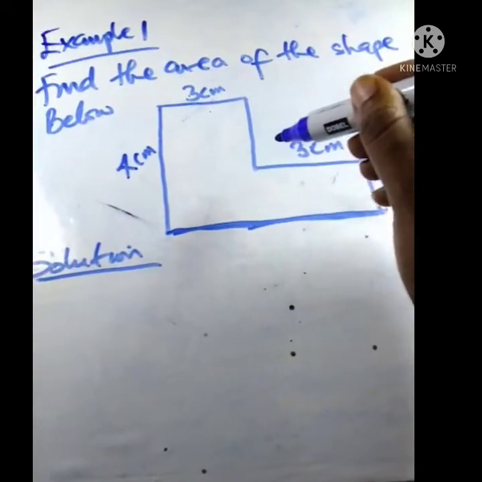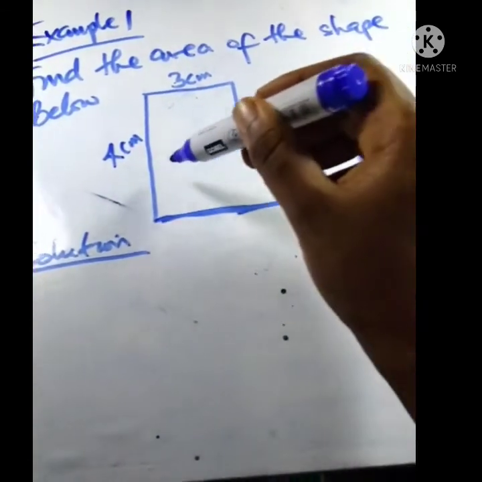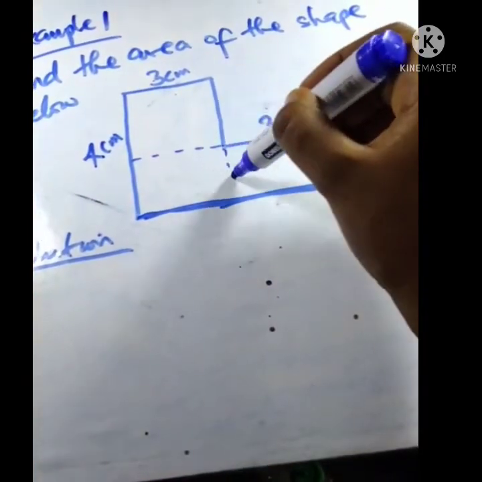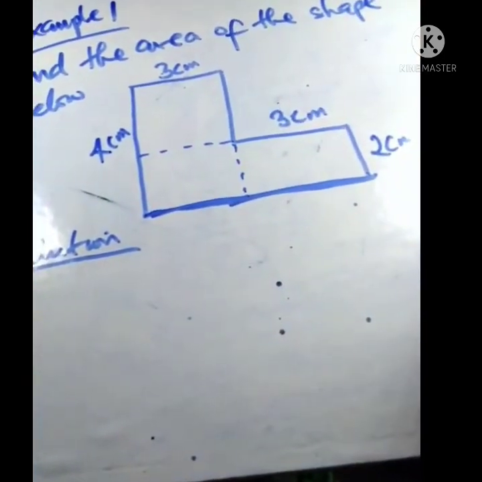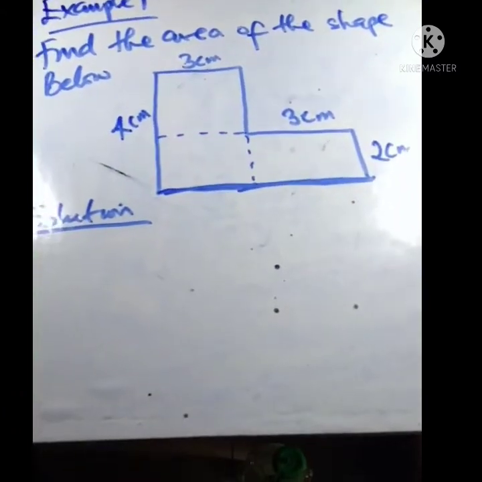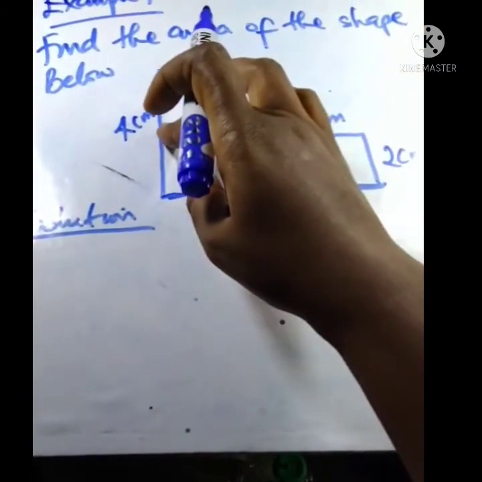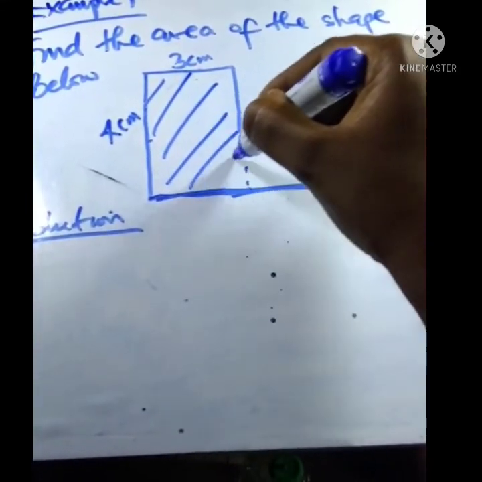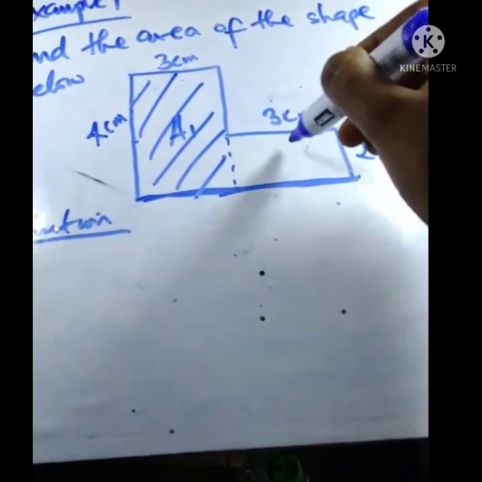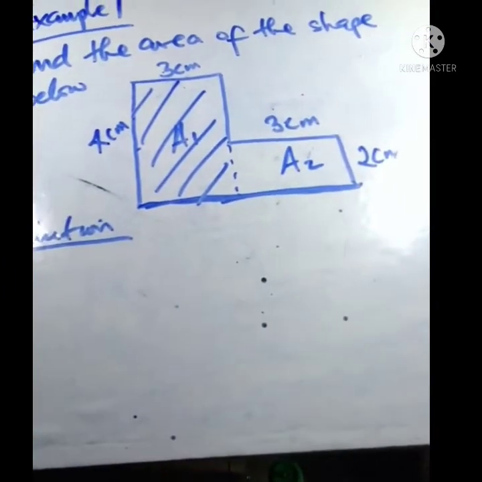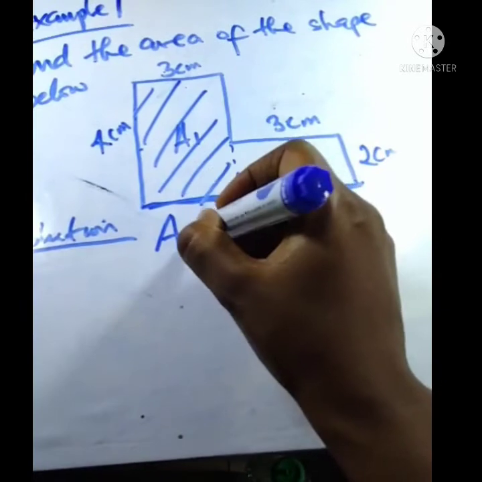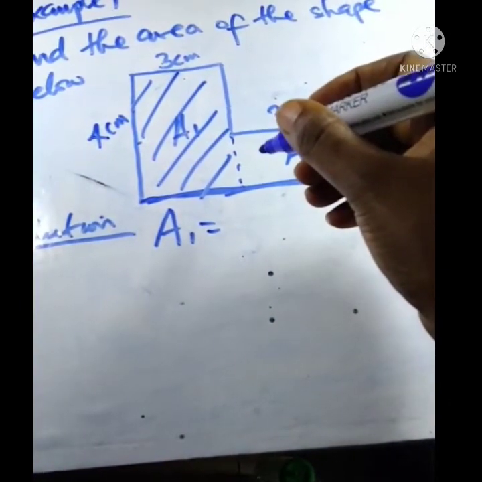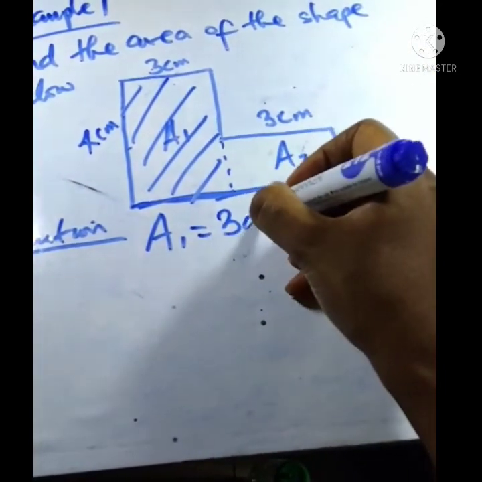You can either divide this shape on this side or divide it on this side. Okay, so let's choose this sector. We'll find this area, which is A1, and add it to this area, which is A2. So what is the length of A1? The length of A1 is 3 centimeter.